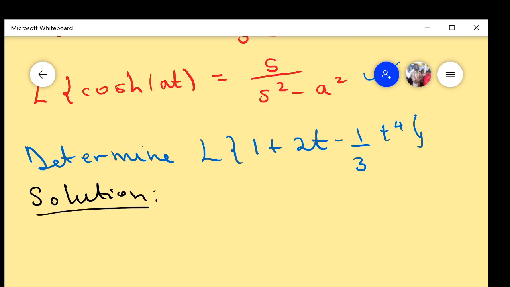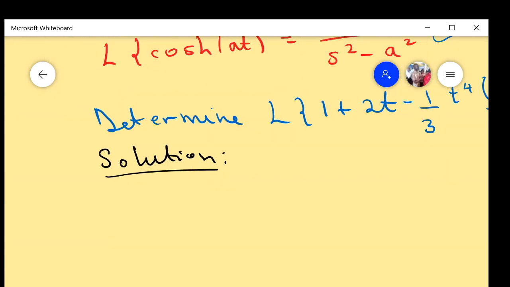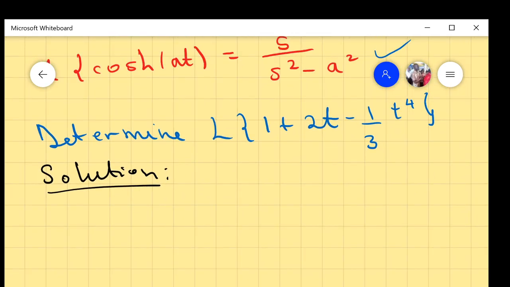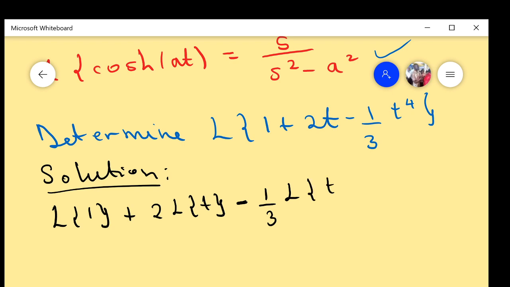Let's take it one after the other. I have the Laplace transform of 1, plus 2 times the Laplace transform of t, minus 1 over 3 times the Laplace transform of t raised to the power 4.